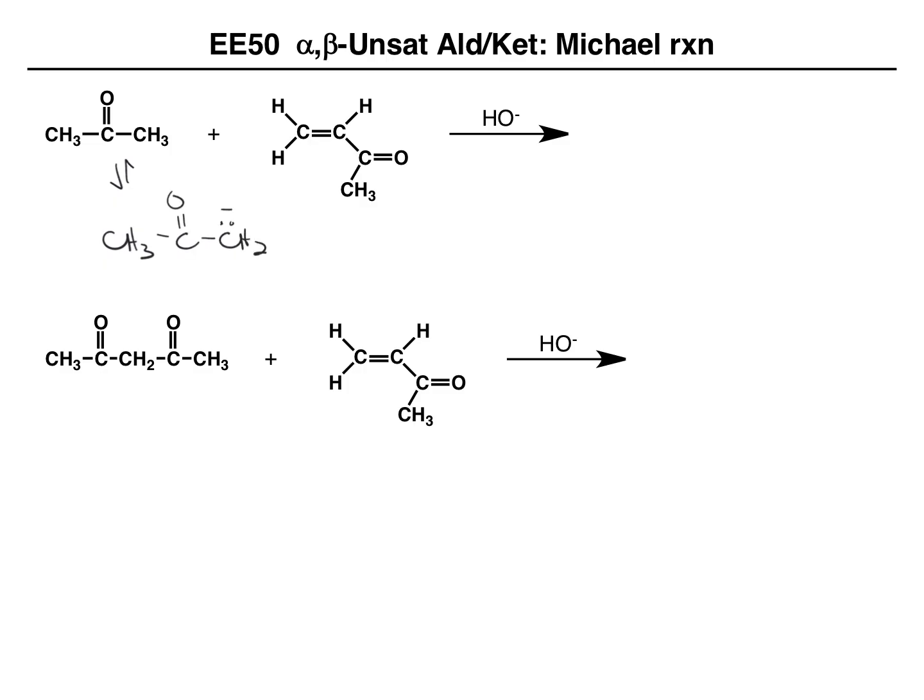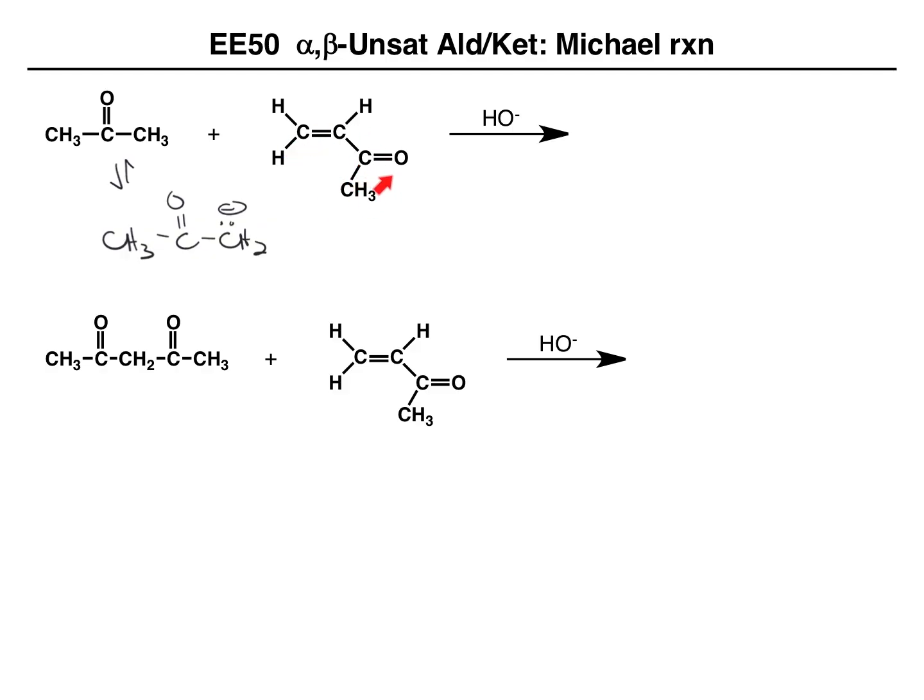So keep in mind the reason why the alpha hydrogens are more acidic than other hydrogens connected to sp3 hybridized carbons is because the conjugate base, this enolate, is stabilized by resonance into the carbonyl. If this one was pulled off, then we can have resonance here, but we have resonance here, and it's kind of like we're resonating in two different directions.